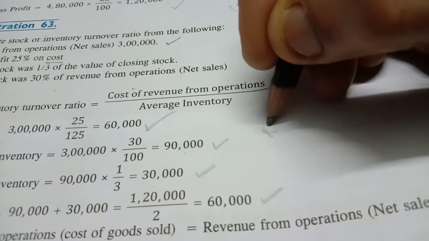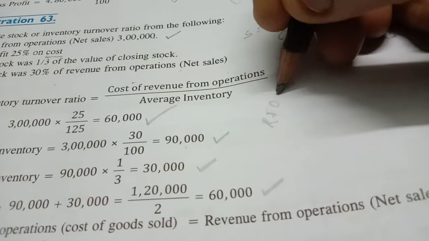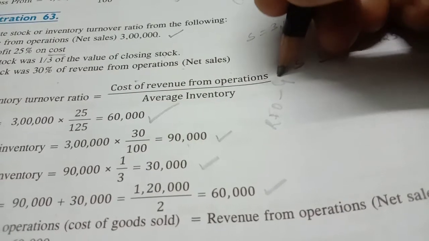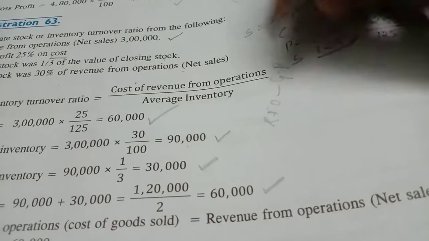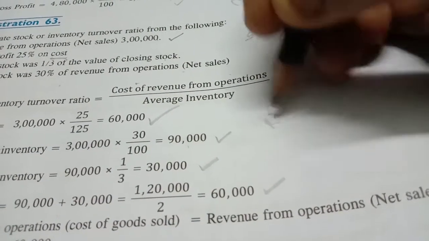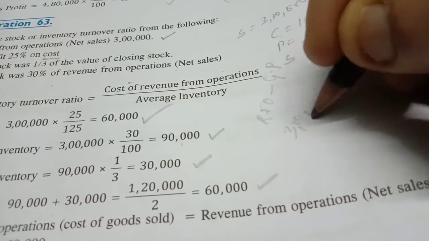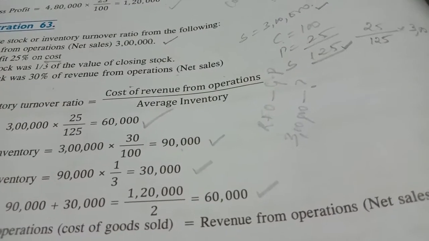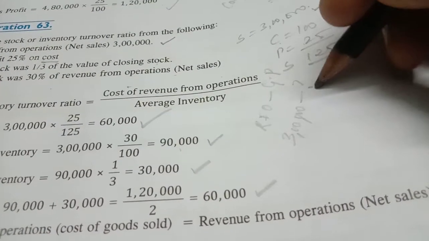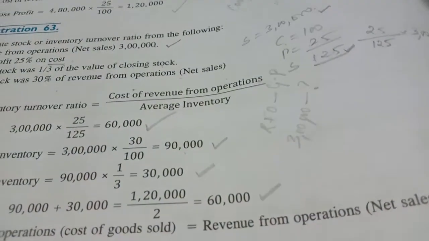Revenue from operation, that is net sales, minus gross profit. That is the formula, no? So in this, revenue from operation, that is net sales, is given, and we have to find the gross profit. So in order to calculate the gross profit, this gross profit percentage information is given in this sum.